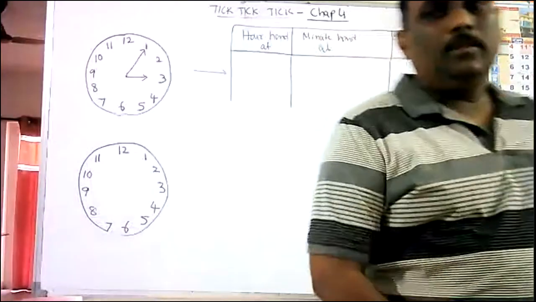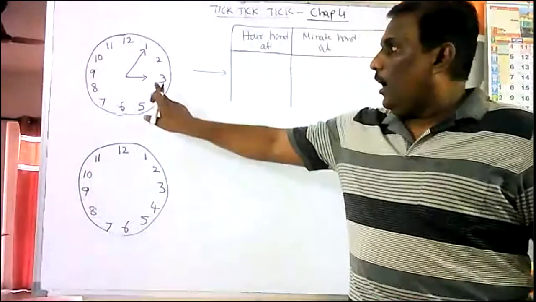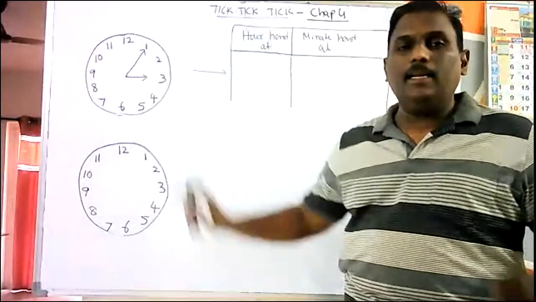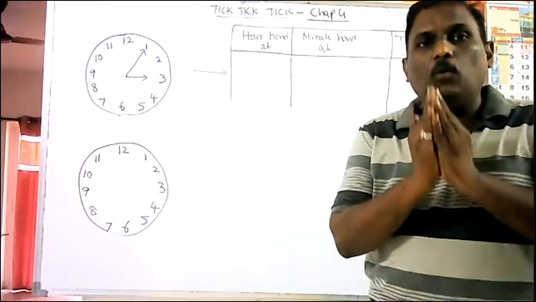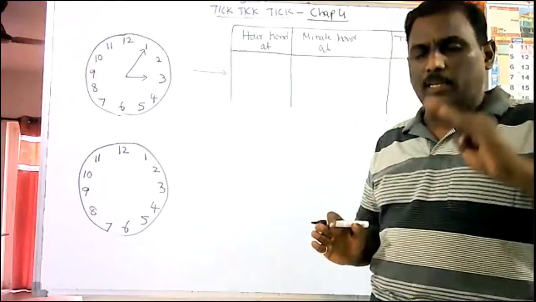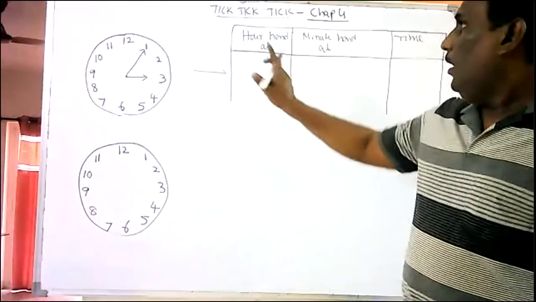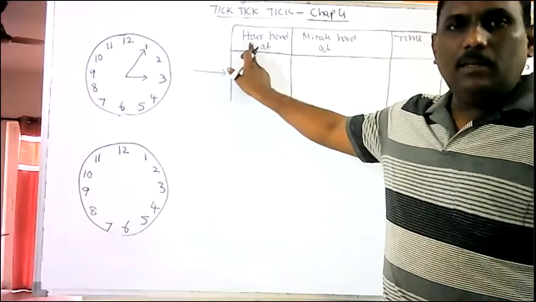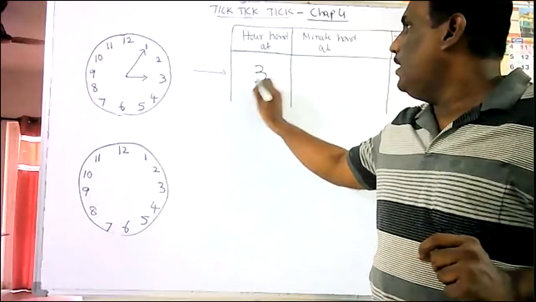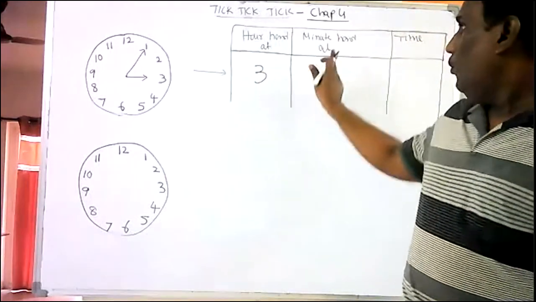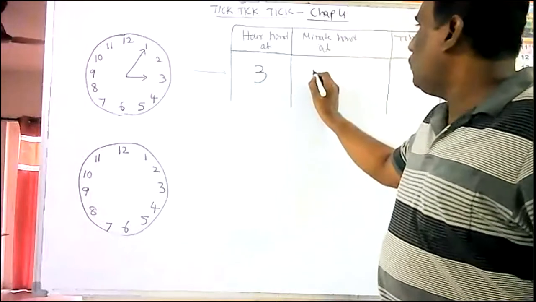For example, in a wall clock, the hour hand is like this, the minute hand is like this. Then what will be the time? You may be knowing this, but let me explain. Where is the hour hand? It is at 3. Where is the minute hand? It is at 1.